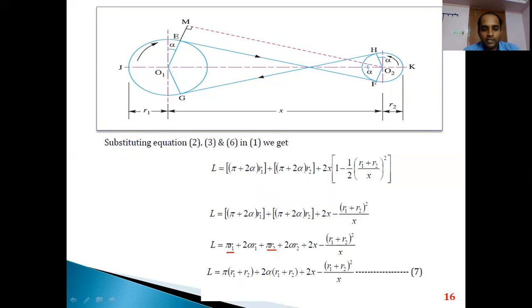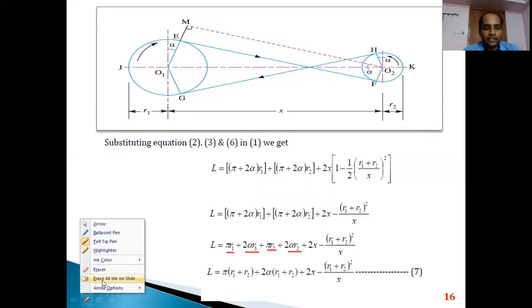What I get resulting here is pi of R1 plus R2. Similarly, the common terms between 2 alpha R1 and 2 alpha R2, that is 2 alpha, what I get resulting in terms of radii is R1 plus R2, and the remaining terms are written the same itself.